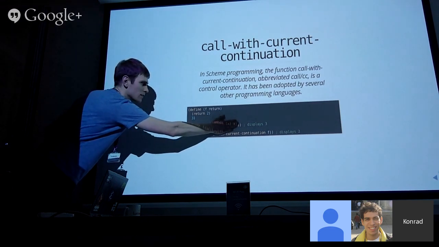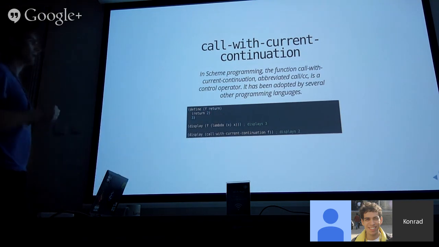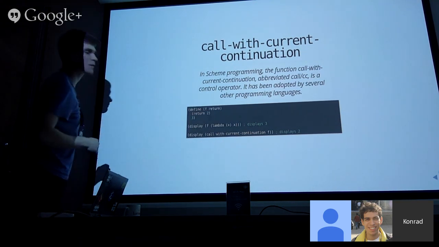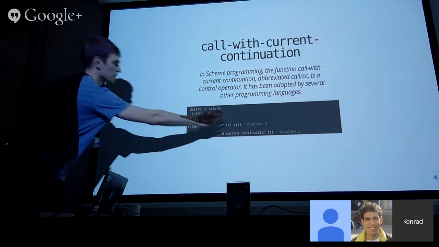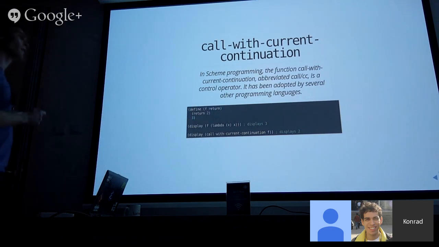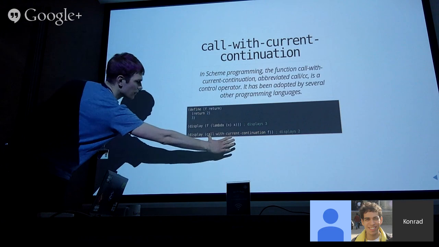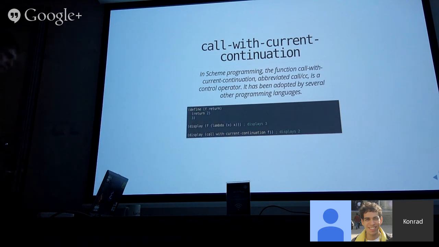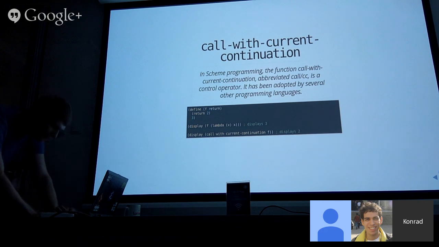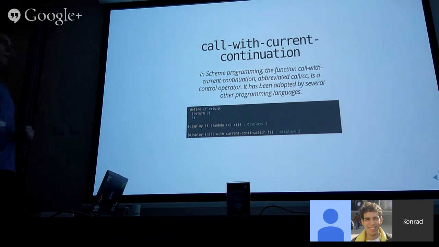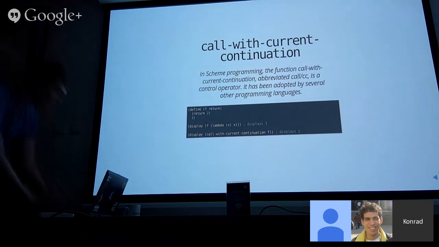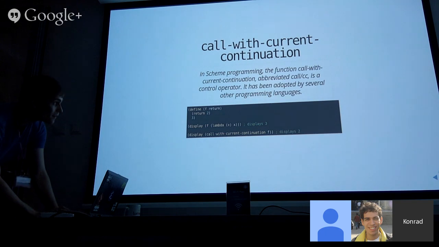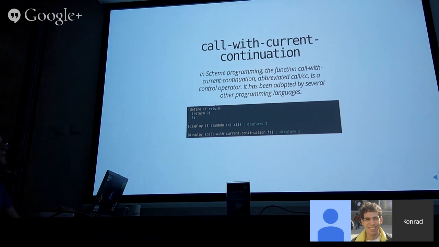Display is just console log. When the function f is invoked like this, it displays 3. But when you apply this concept of call with current continuation, abbreviated call/cc, it displays 2. But why? And one hint, this actually could be named sum.